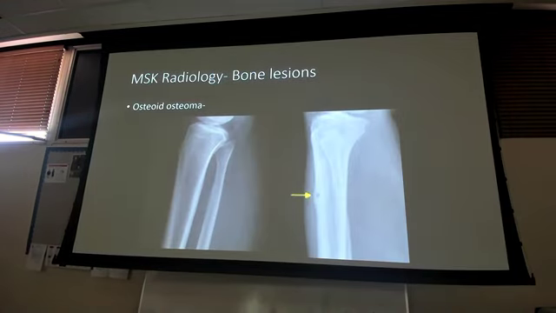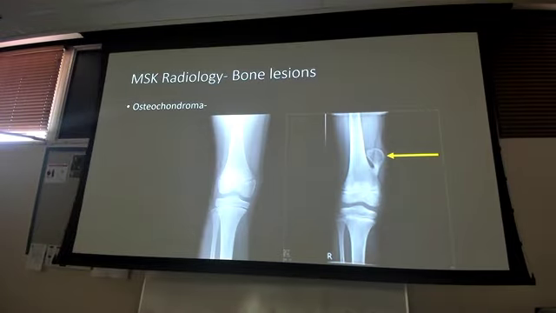Okay, osteoid osteoma. Nice little radiolucent thing in the cortex of the bone. Probably not that big of a concern. Why? It's well defined, I can see it. Probably not a bad guy. Nothing I need to be overly concerned about compared to, let's go take this off. Osteochondroma, basically a growth off the bone.